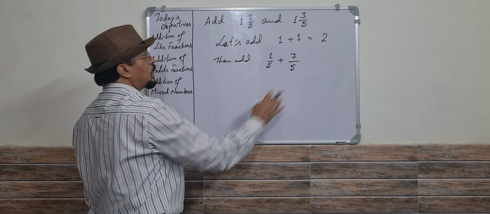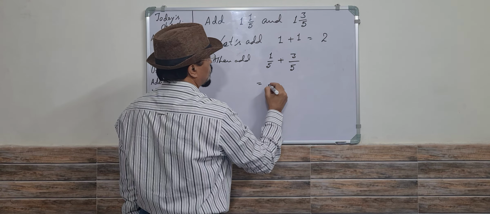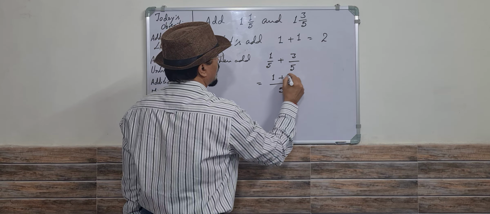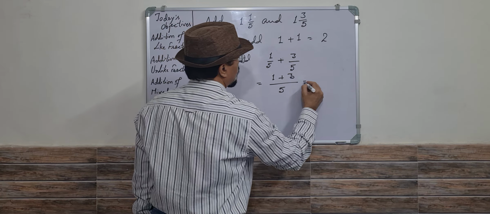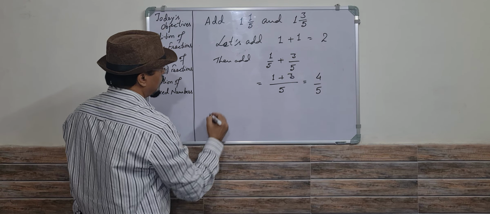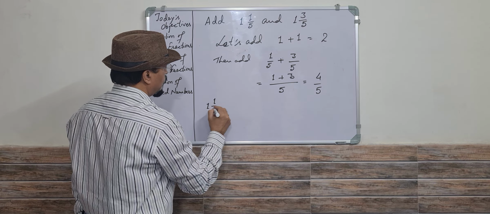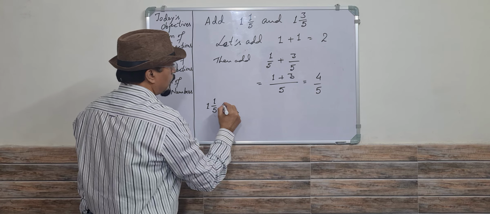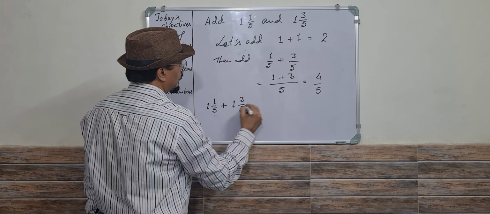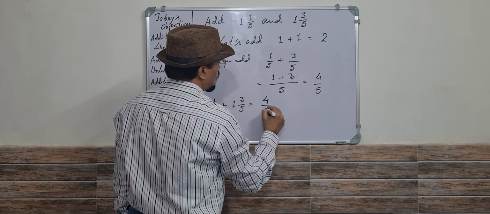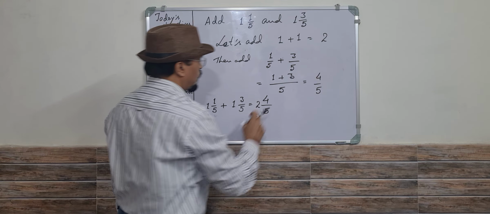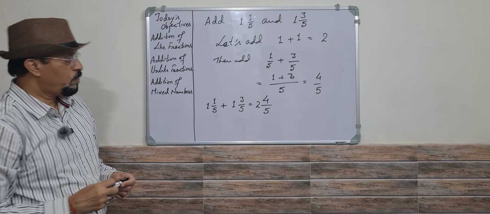By the way, these two are like fractions. So 5 is the denominator. 1 plus 3 is equal to 4 upon 5. So finally, one whole number 1 by 5 plus one whole number 3 by 5 is equal to 4 by 5, and 2 is the whole number. 2 whole number 4 by 5.